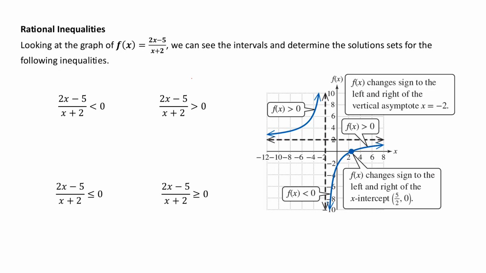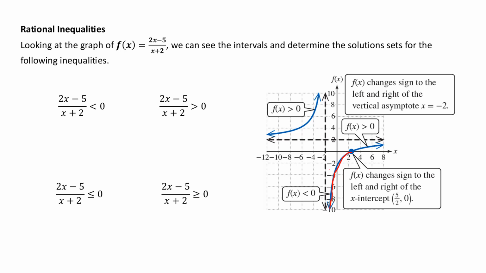Okay, we're going to talk about rational inequalities now. We have the picture here, the graph of the function 2x minus 5 over x plus 2. And you can look at the graph to see what's going on in these different places. So 2x minus 5 over x plus 2 is less than 0. That only happens in this part of the graph where it's below the x-axis.